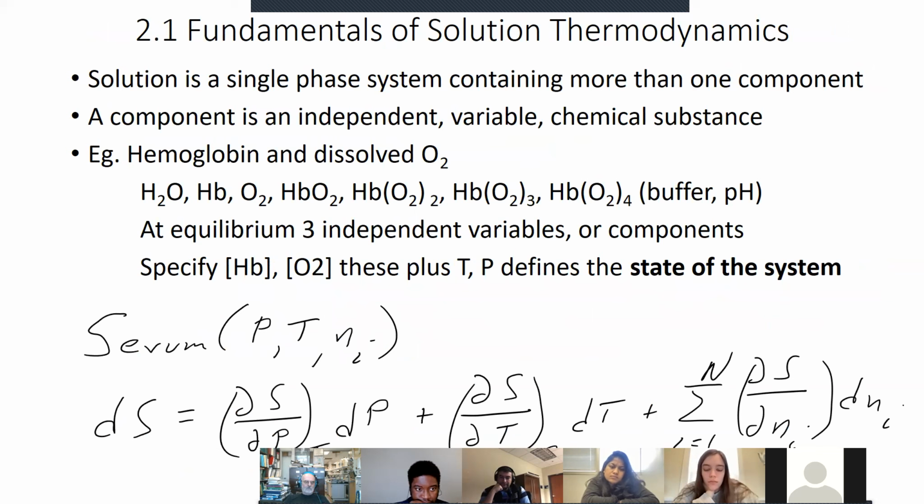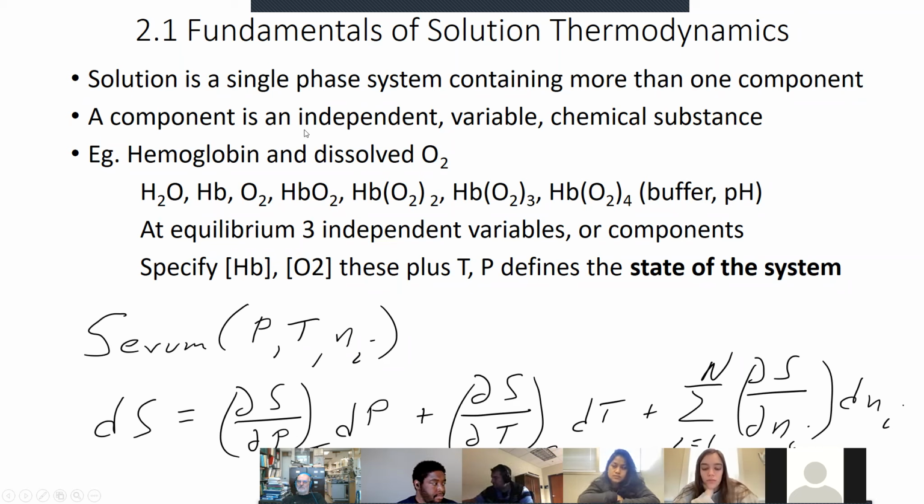Okay. So we then make the point that we have to define certain concepts. One of the concepts is a component. So generally speaking, in biochemistry, in the test tube, in the lab, we're talking about a solution that is a single phase containing sometimes more than one component, but we need to define what a component is.